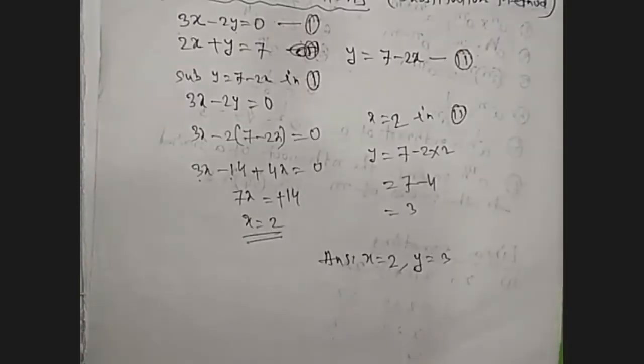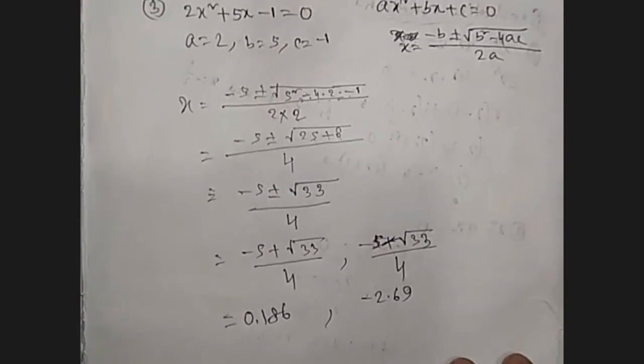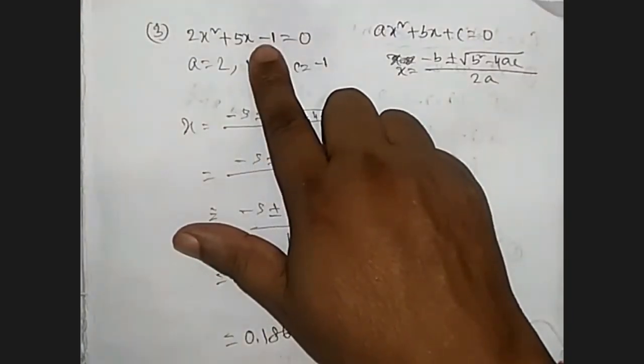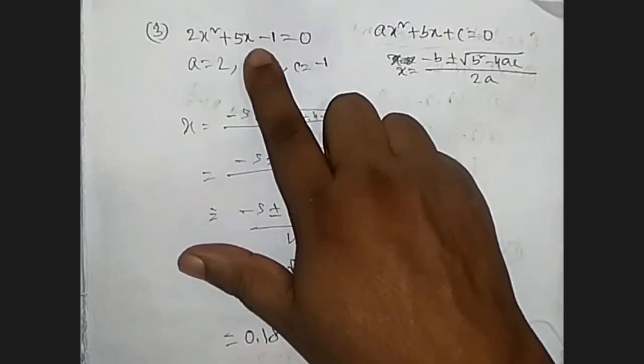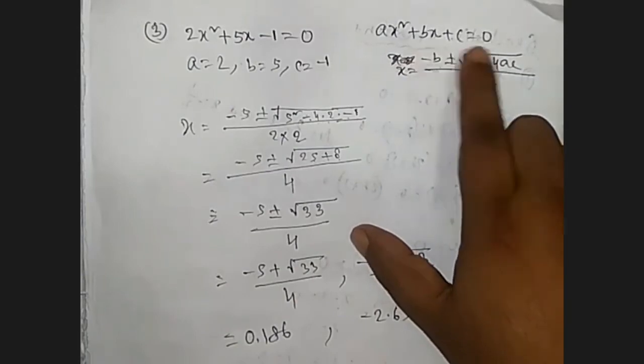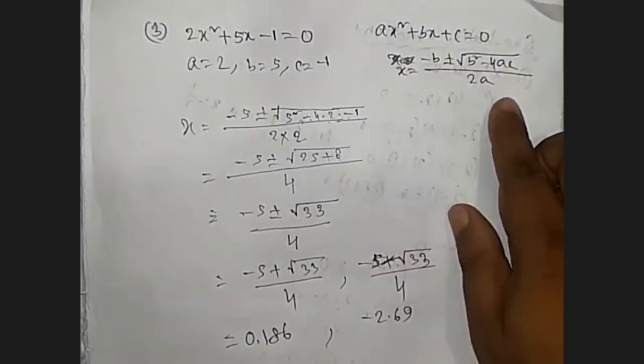After that, we solved another quadratic equations. See here, we cannot solve it by factorization or any other ways. We can do the direct formula, x square plus bx plus c equals to 0, or x equals to minus b plus or minus root over b square minus 4ac divided by 2a. Otherwise, we need to do completing the square.